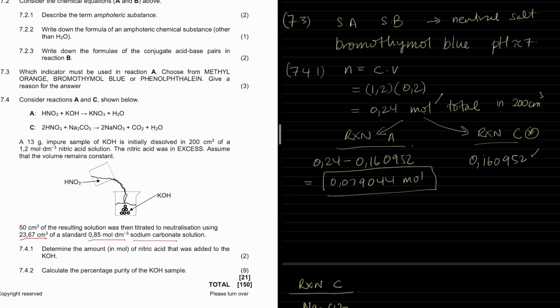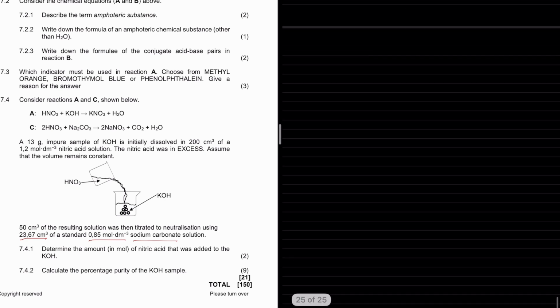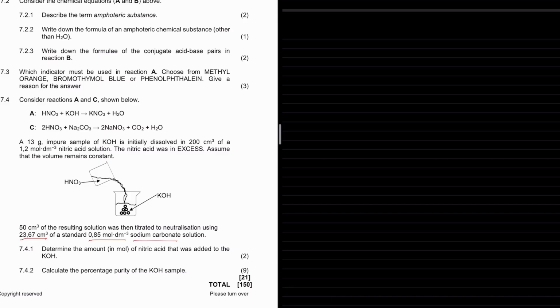Now that we have the number of moles that was actually used in reaction A, we can do a mole ratio. So the mole ratio for HNO3 to KOH is 1:1. So therefore, you're also going to have 0.079044 moles of KOH. Now from here, we can calculate the mass.